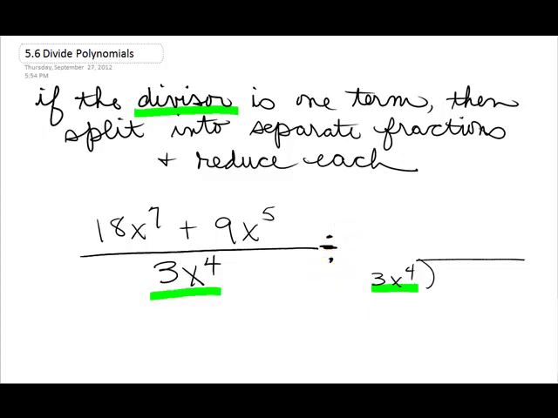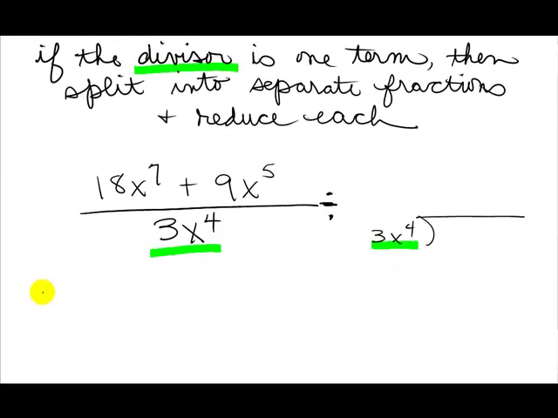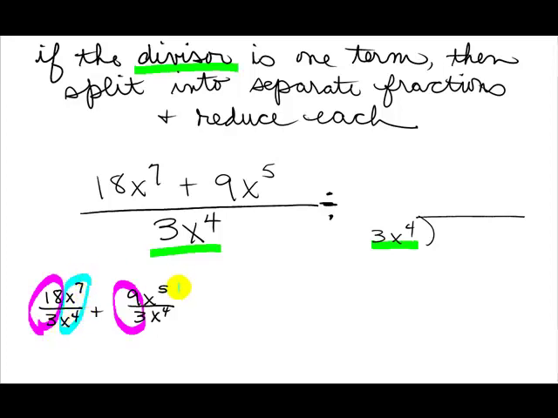But what we're going to do with these is separate them. So let's write it again in separate fractions, and then we'll reduce each one separately. We'll look at our coefficients, and then at our variables with their exponents, and we'll use our exponent rule.